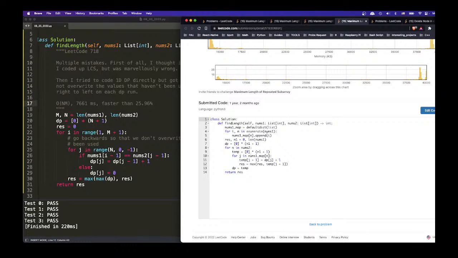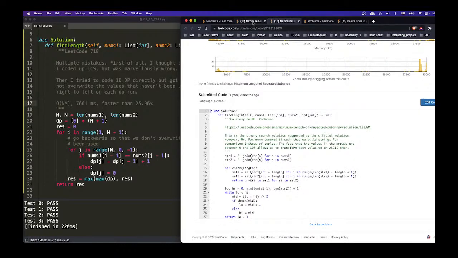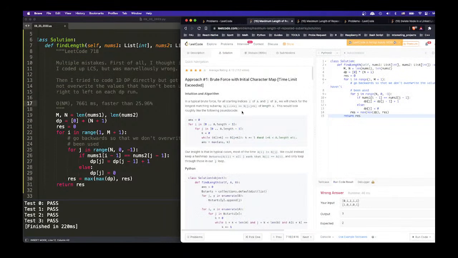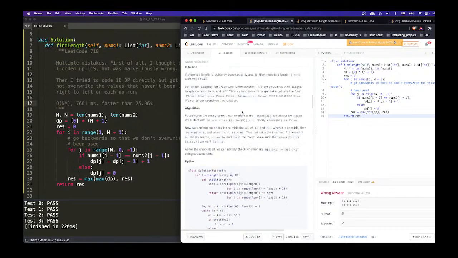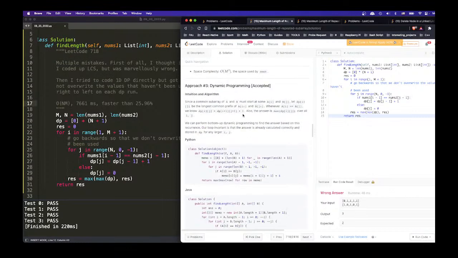I map it such that I just go from, yeah, it is correct. Yeah, this actually might be faster. But this is just one DP. I don't want to spend too much time on this, but I want to really take a look at the binary search.